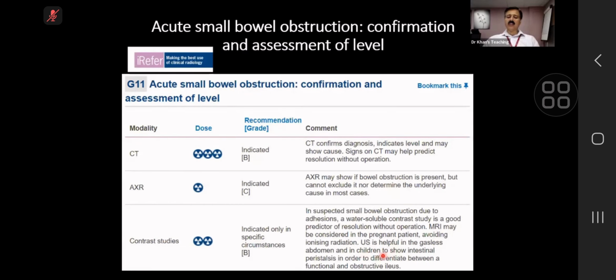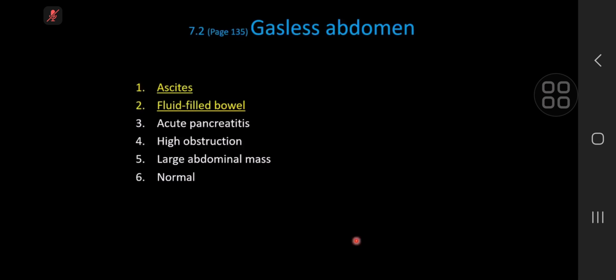And ultrasound can also help to see if there is peristalsis in order to differentiate between functional ileus or obstructive ileus. So these concepts are extremely important. Now, this is a potential exam film.